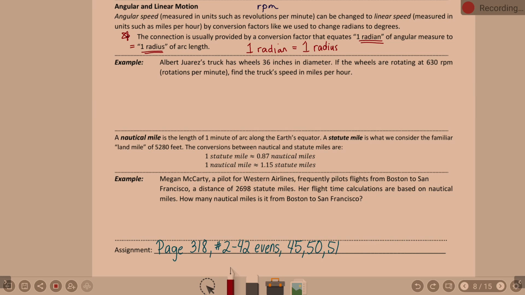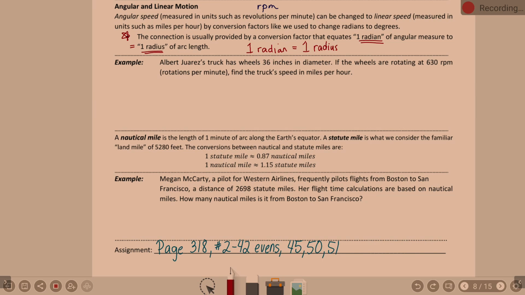Now, tuck that in your mind, and let's talk about Albert. Albert's truck has wheels 36 inches in diameter. If the wheels are rotating at 630 RPMs, rotations per minute, find the truck's speed in miles per hour.